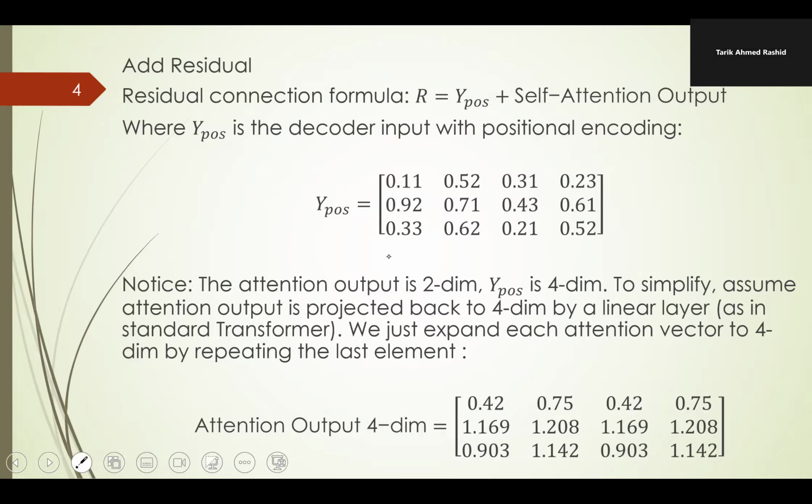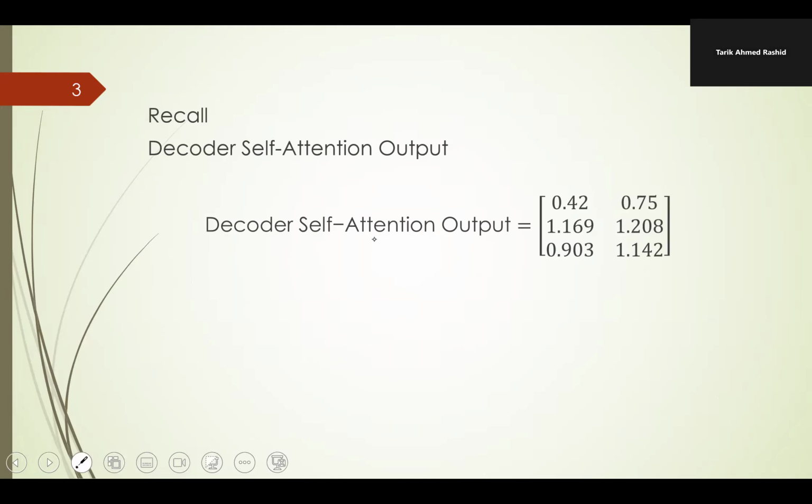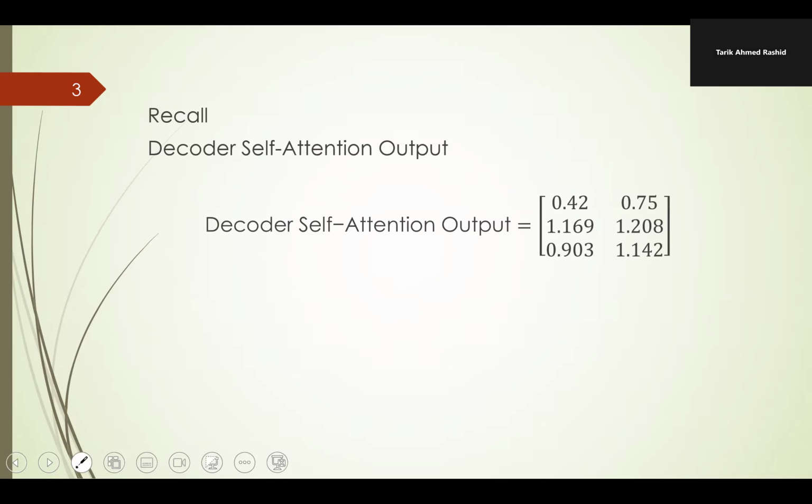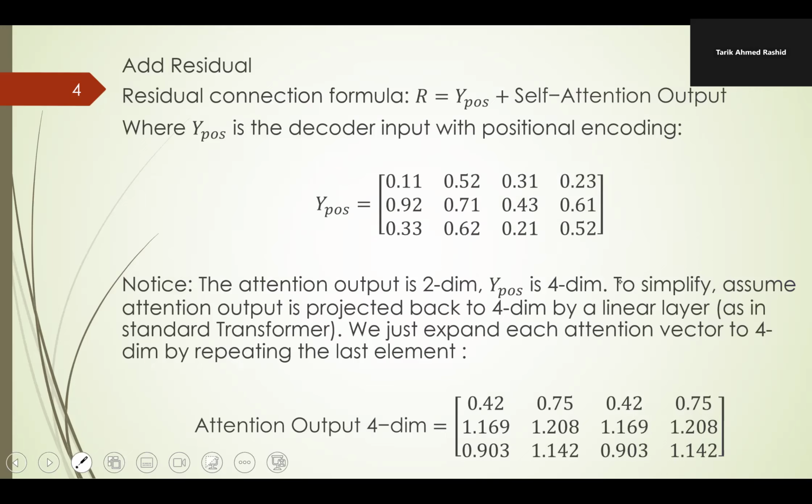Now we need to add this to this, and that's what the formula says. The residual can be found by adding Y position plus the self-attention output. Now we're adding element-wise, but there's a technical problem.